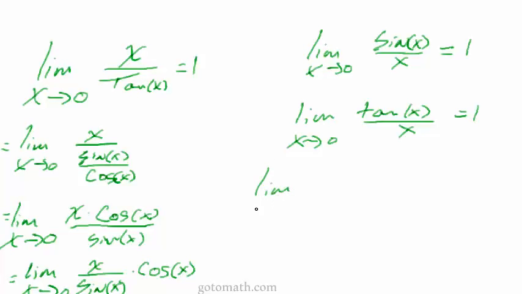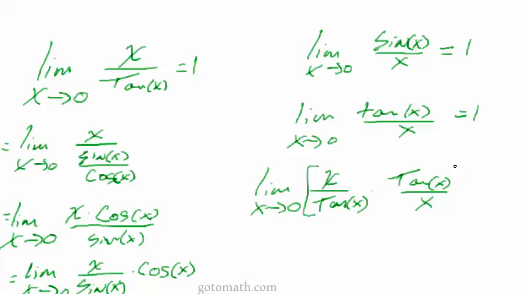This is adding a little extra here to this, as x over tan x times tan x over x, throwing that on the inside there. Now remember, you would write the limit, you would write this next to it, but I'm skipping that step. And then of course this just all becomes 1, and so you have now the limit as x approaches 0 of 1, which is equal to 1, and you're done.